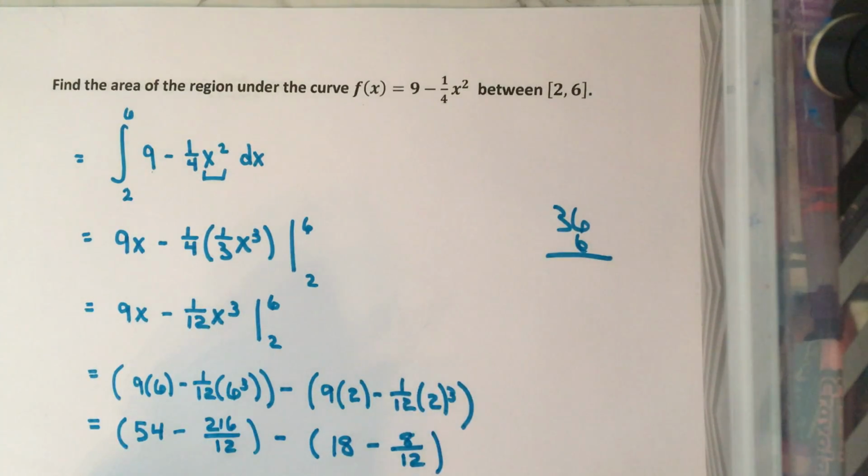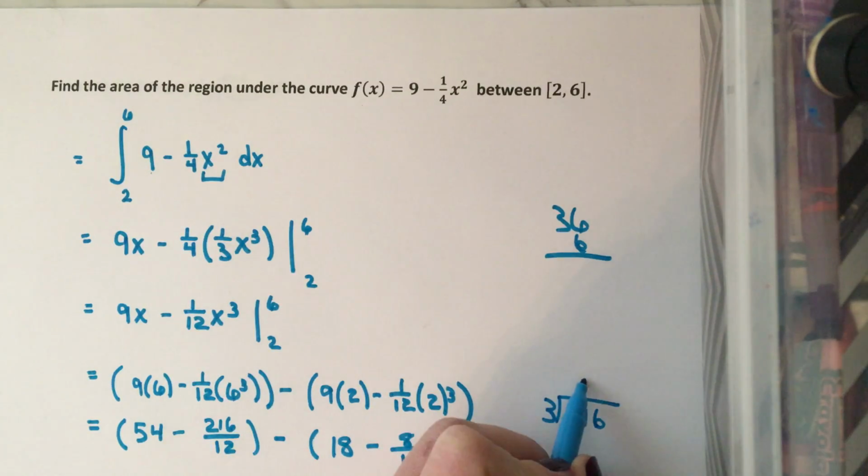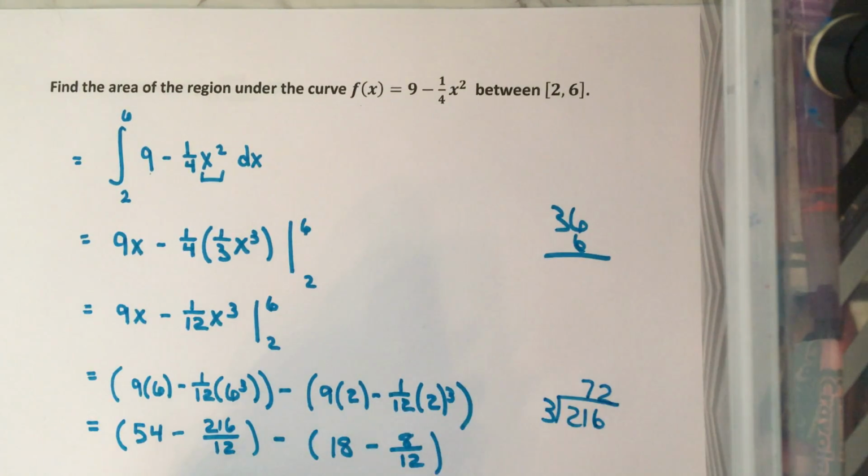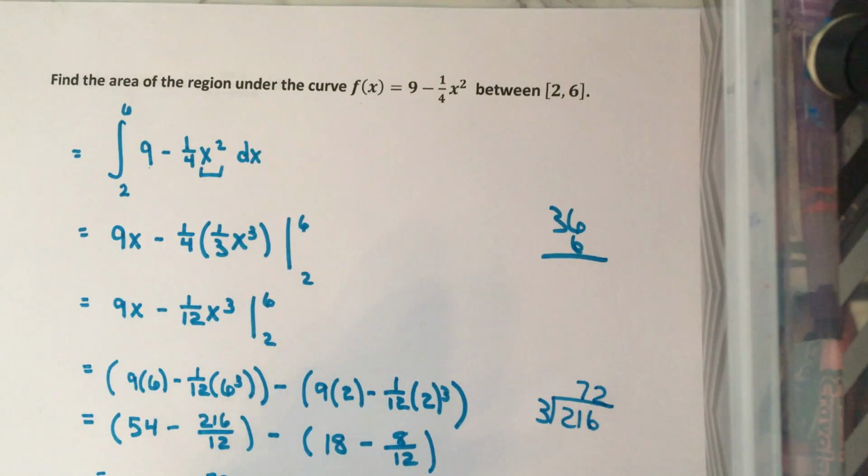Well, I'm trying to reduce these. 72 over 4. Again, you guys are going to be doing all this on a calculator, so I am sorry to waste your time there. 72 over 4, which would reduce down to 18.